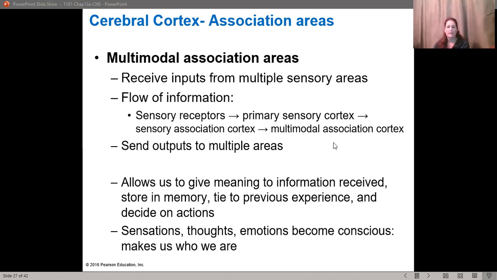This allows us to give meaning to information received, store information in memory. That is really interesting. We will talk about that more in a little bit. And tie information to previous experience and decide on actions.